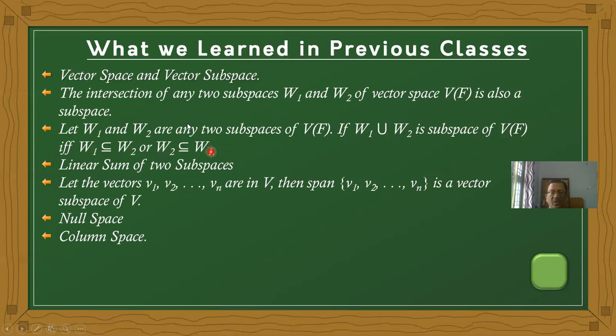One of the sets should be a subset of the other. Then only we can say W1 union W2 is a subspace of V.